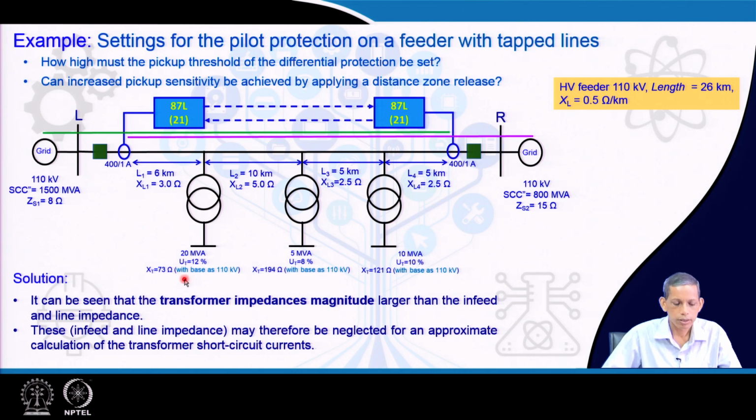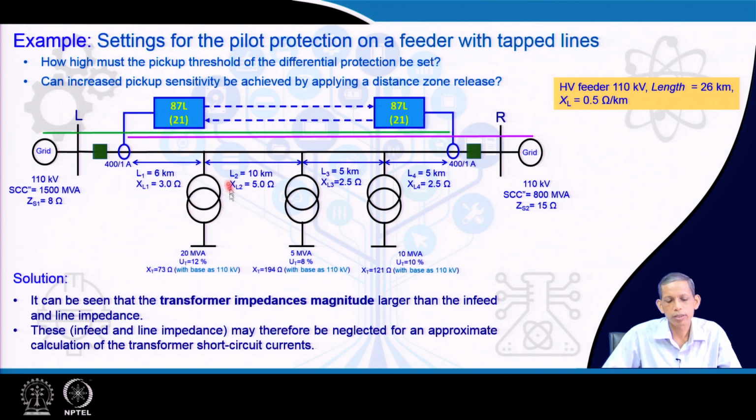Now, what is being seen here is that these line feeders have smaller lengths. So, one straightforward comparison is the impedance of the feeder line as compared to the impedance of the transformers.